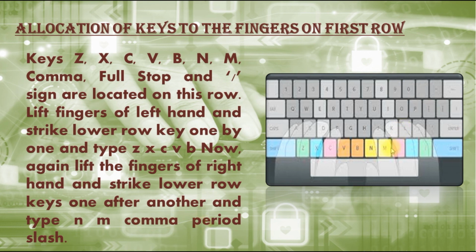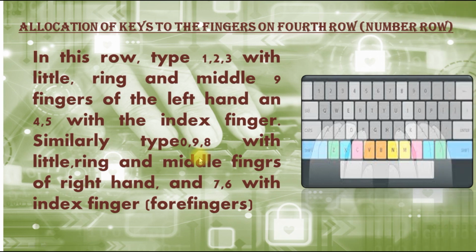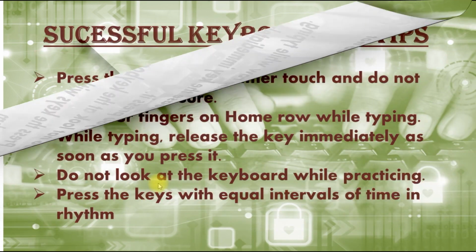Just try these on the keyboard. In this row, type 1 to 3 with little finger, ring and middle fingers on the left hand and 4 5 with the index finger. Similarly, type 0 9 8 with little, ring and middle finger of right hand and 7 6 with index finger. Should try all these things.